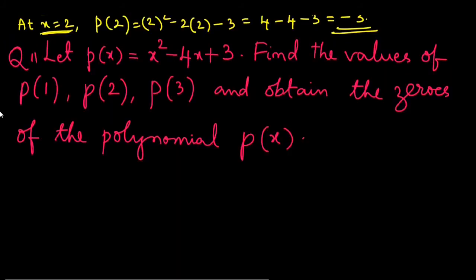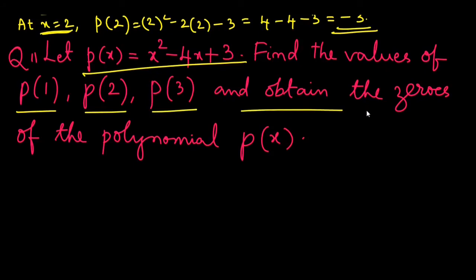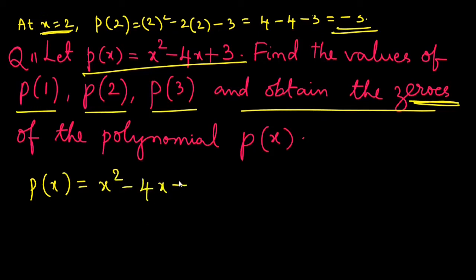Let us see one more example. Let p of x is equal to x square minus 4x plus 3. Find the value of p of 1, p of 2, p of 3 and obtain the zeros of the polynomial p of x. So p of x is the given polynomial x square minus 4x plus 3.